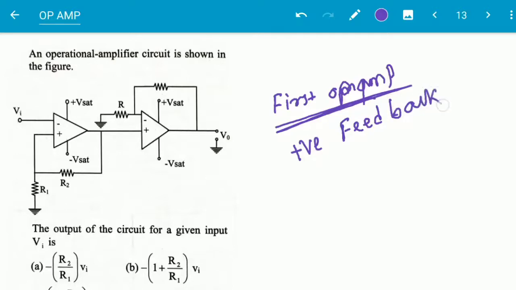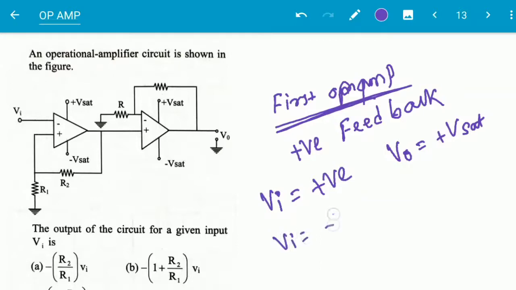As this is a positive feedback circuit, regardless of the value of the resistances, the output is always at the saturation voltage, and which saturation voltage depends upon the input value. Suppose V input is positive, then the output voltage will reach the positive saturation voltage. So the output will be equal to the positive saturation voltage.